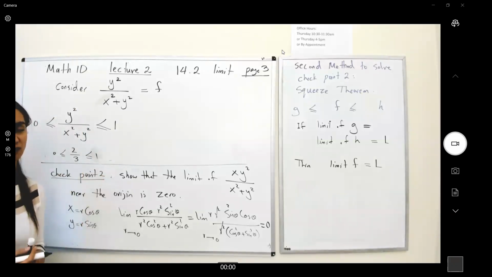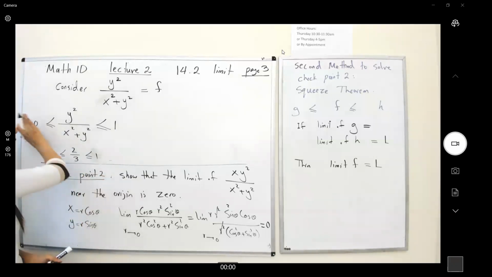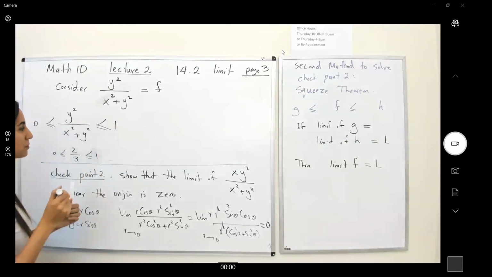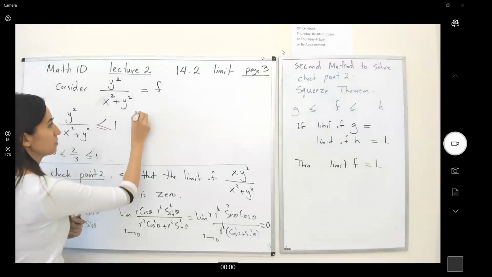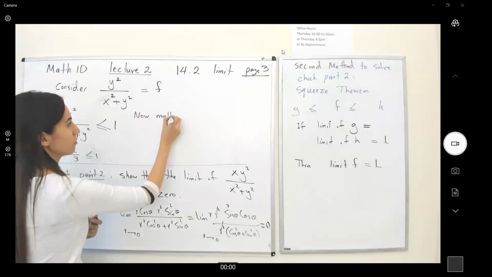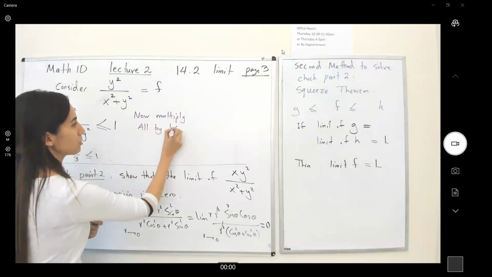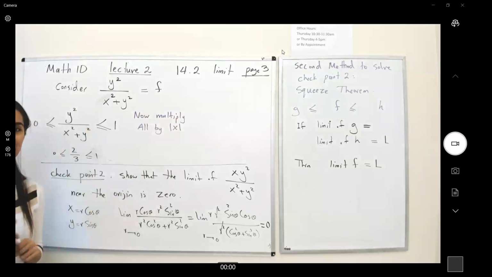Now what? Now I want to multiply all of these by the absolute value of x.